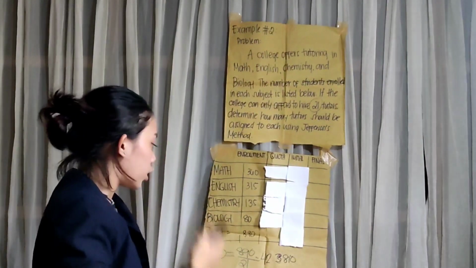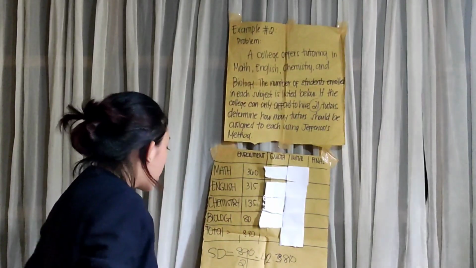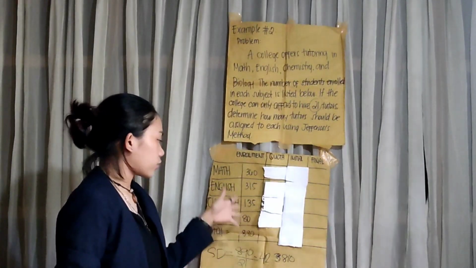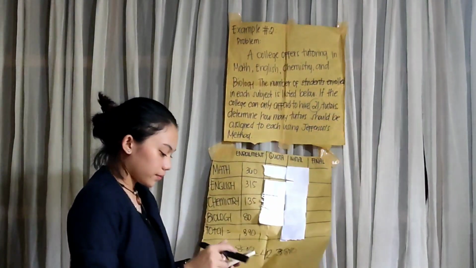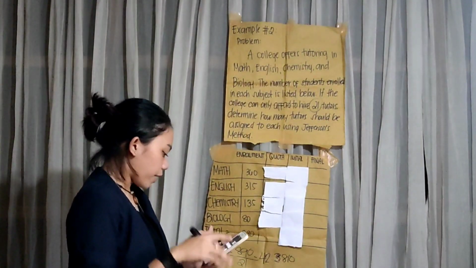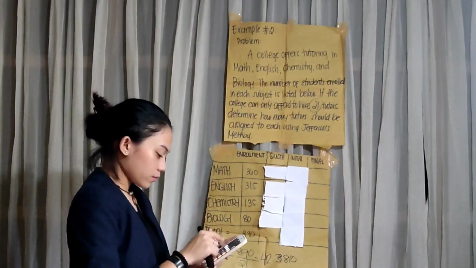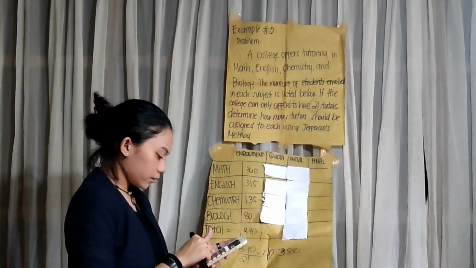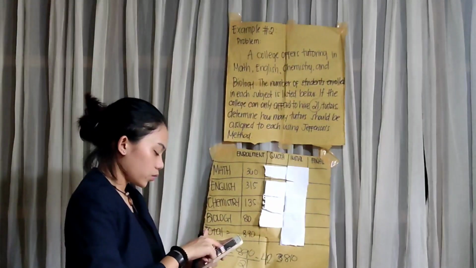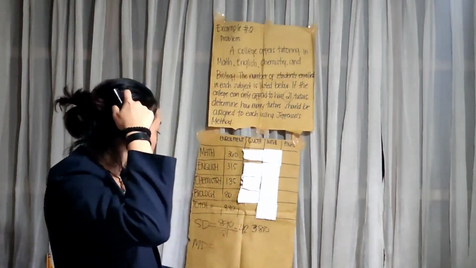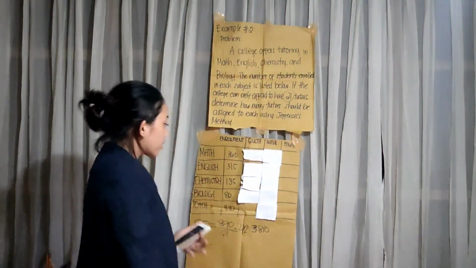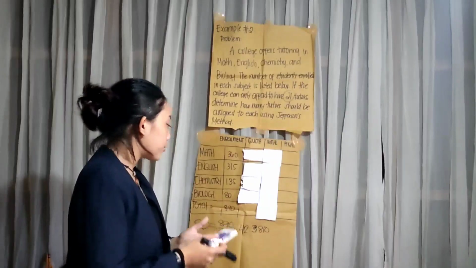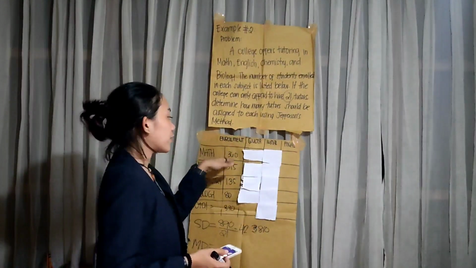To get our modified standard divisor, you calculate with the standard divisor 42.3810 and our enrollment.